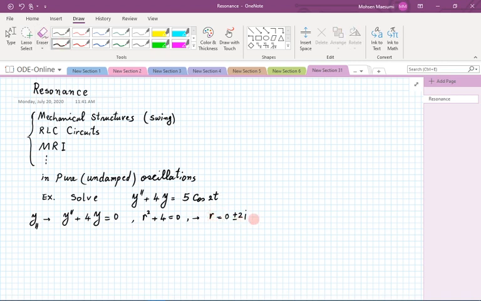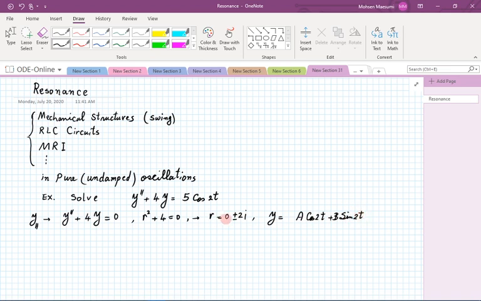So once we have the characteristic roots, we have the solution. The general solution of this is going to be a cosine of 2t plus b sine of 2t.